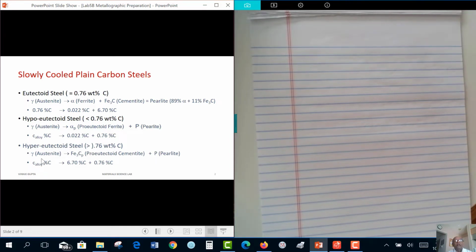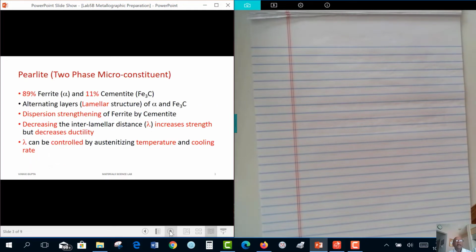Then at high temperature austenite, whatever is the composition of the alloy, since upon cooling it passes through the cementite phase before reaching the eutectoid temperature, some of the austenite transforms to cementite and the rest becomes pearlite. So of course cementite has composition 6.7% and pearlite has composition 0.76%. So this is just doing mass balance, or what is called materials balance.